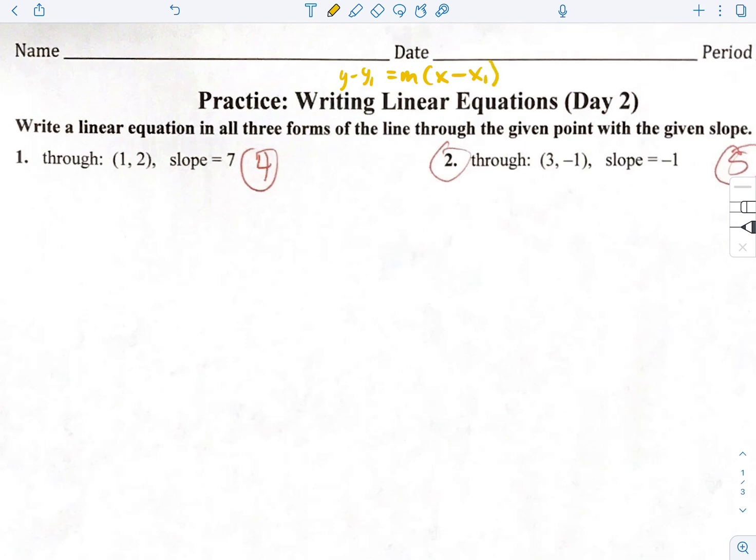Okay, and remembering that m represents the slope, which we were given here, 7. Our x1 is 1, and our y1 is 2. And now it's just a matter of plugging in.